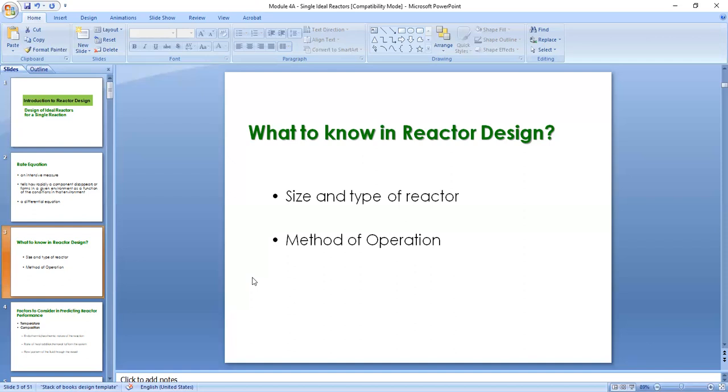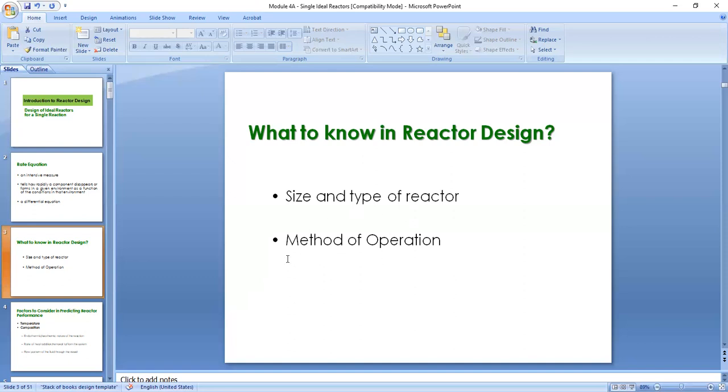But if a particular reaction does not specify a reactor to use, then there is a portion in reactor design where you are the one suggesting what type of reactor is best suited for that particular reaction. That is why you have here the type of the reactor.